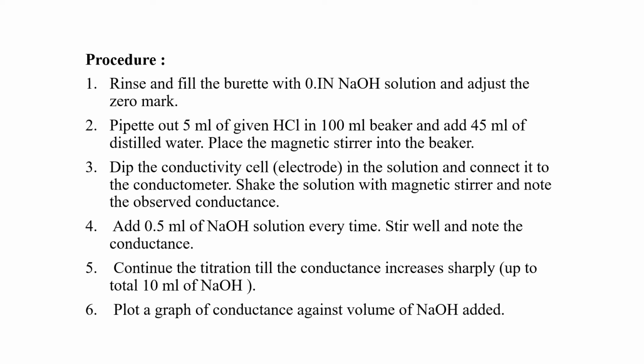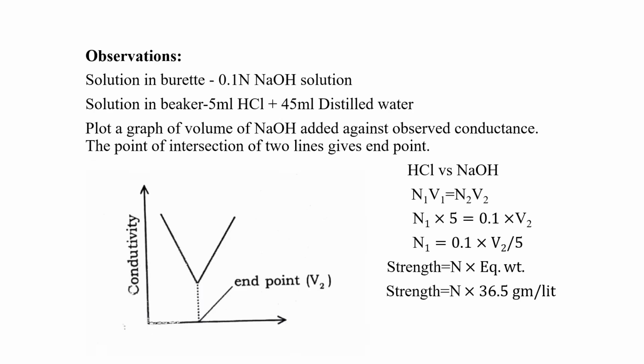Continue the titration till the conductance increases sharply, up to the total 10 ml of NaOH added into the solution. Now the last step is plot a graph of conductance against volume of NaOH added. Now we will see the observations.